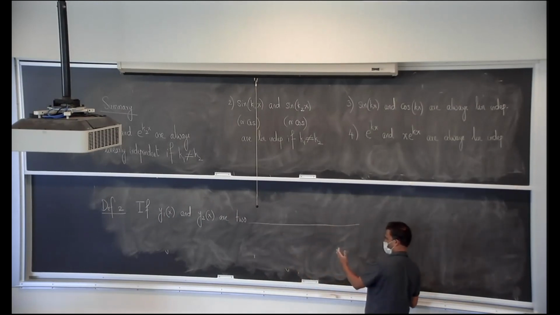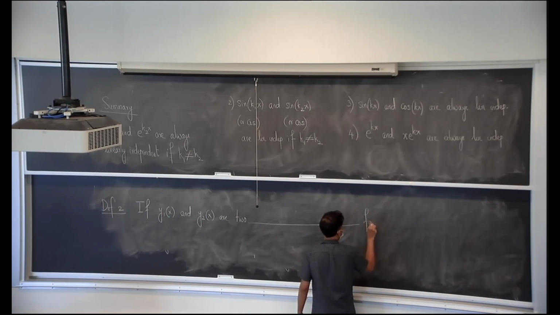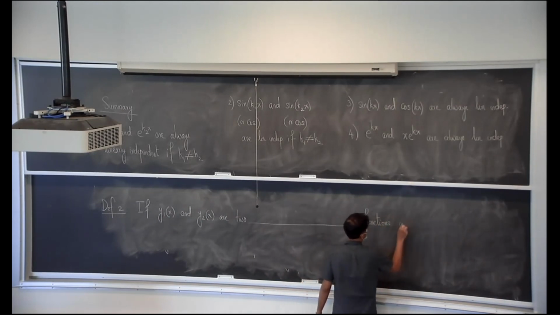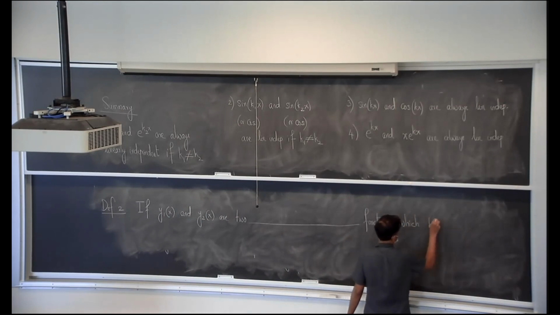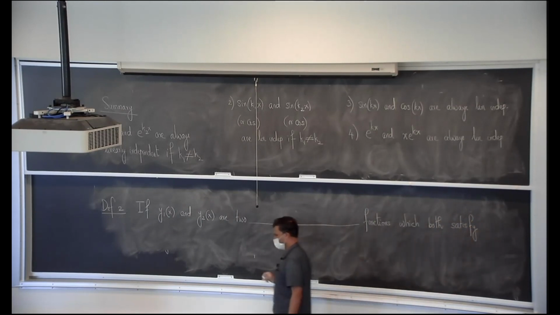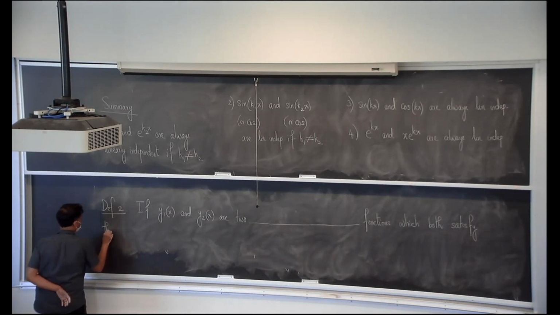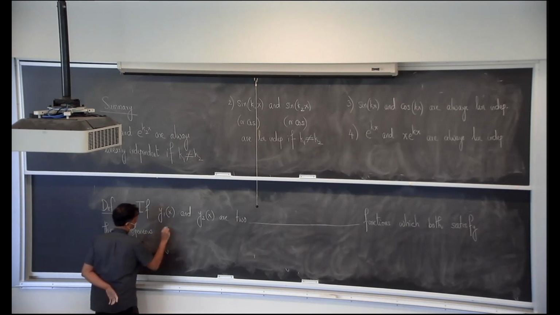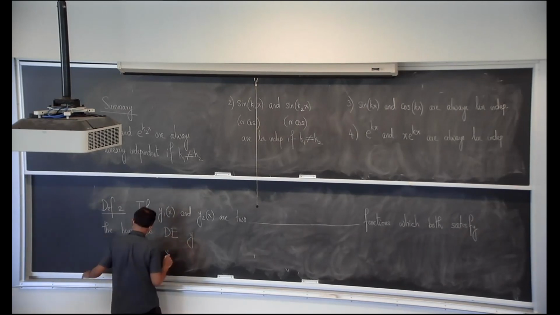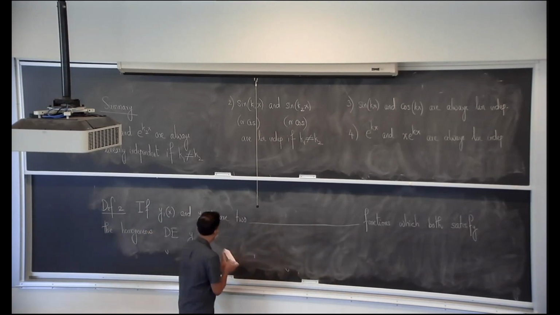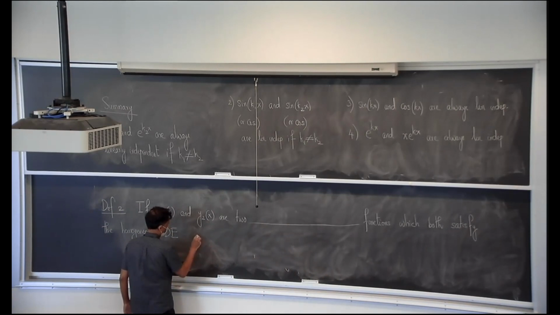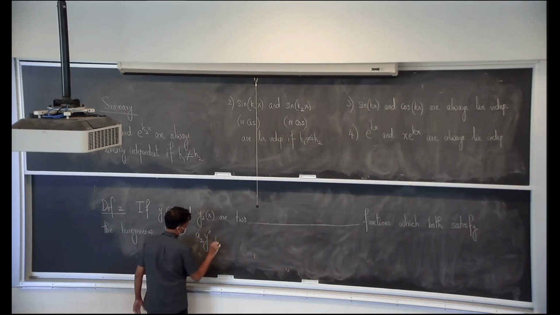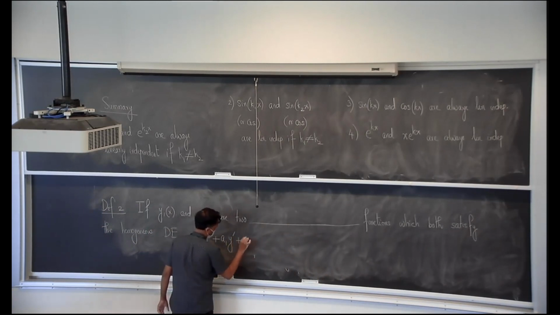So if y1 of x and y2 of x are two blank functions which both satisfy the homogeneous differential equation, a2 y double prime plus a1 y prime plus a naught y equal to 0. That is what makes it homogeneous.